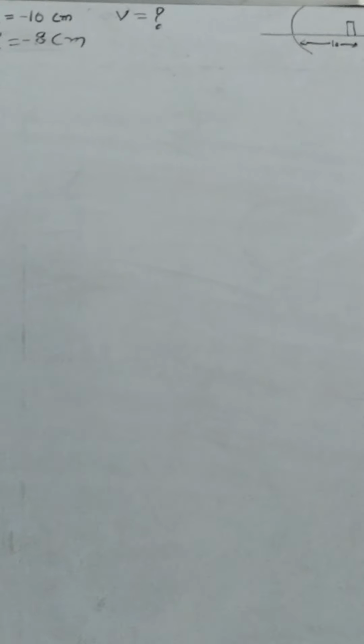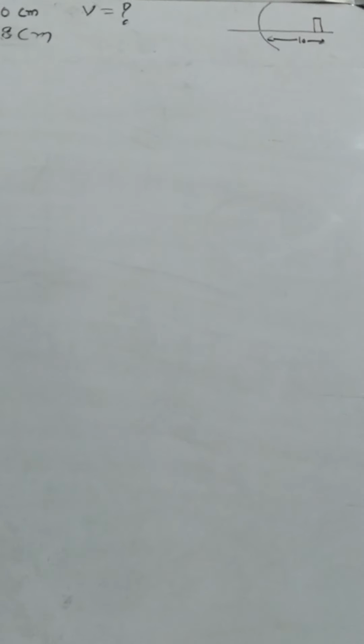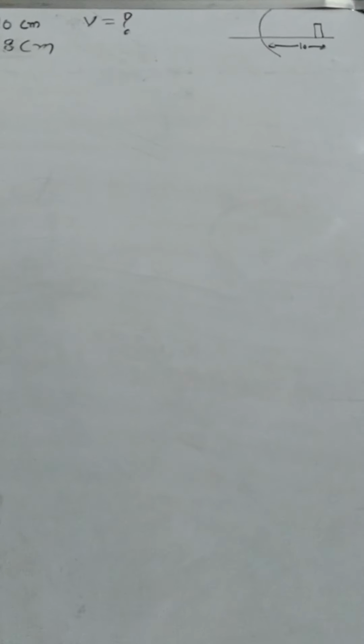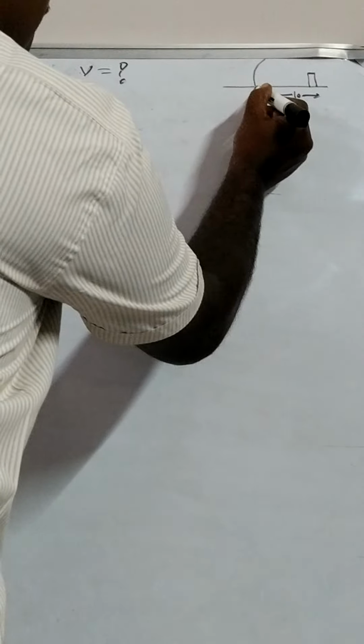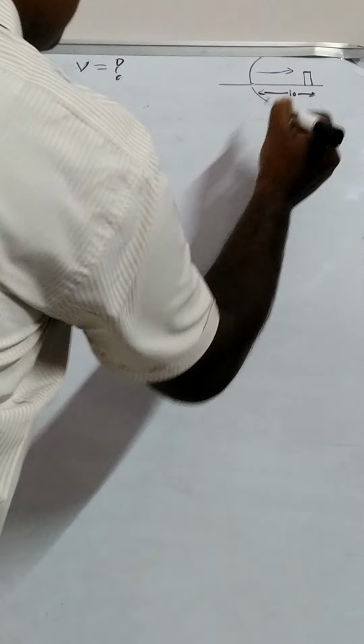See, always object distance, image distance, focal length, etc. are taken from the pole of the mirror according to sign convention rules. Whatever distances you are measuring should be taken from the pole, so in this direction.